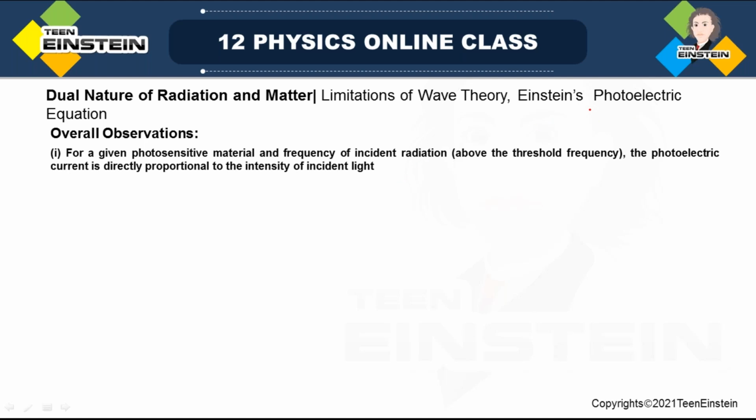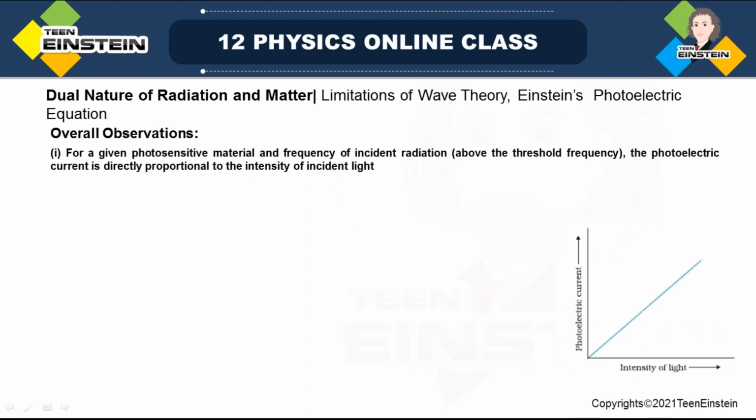Whereas Einstein borrowed the quantum idea of radiation from Planck's idea, and then he used it to explain the experimental observations of the photoelectric effect. We'll first discuss the limitations of the wave theory, then we'll learn how Einstein's photoelectric equation could explain all the observations.